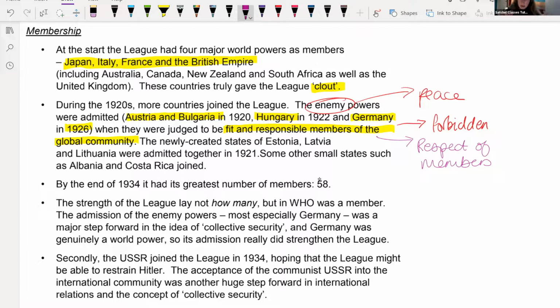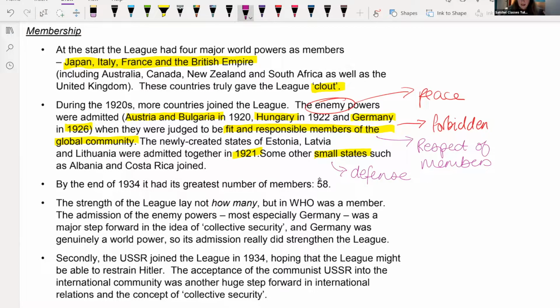So the newly created states of Estonia, Latvia, and Lithuania were admitted in 1921, and other small states such as Albania and Costa Rica. So remember, the smaller ones are the ones who are joining for defense, really.